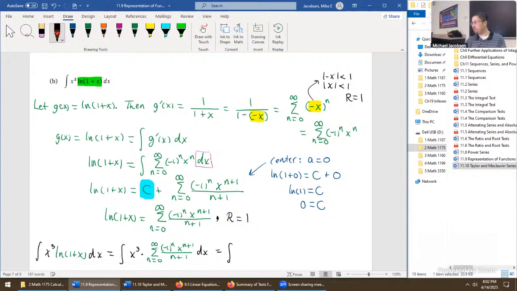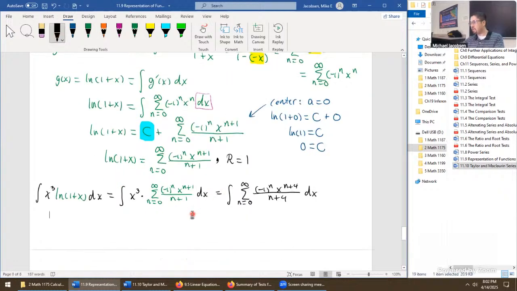We combine this together and get a sum from 0 to infinity, negative 1 to the power n, x to the power n plus 4, divided by n plus 1, dx. Now we mentioned we're skipping the step where we show another line, the integral going right over here. If you want to show that line, not a bad idea. Let's just indicate it this way.